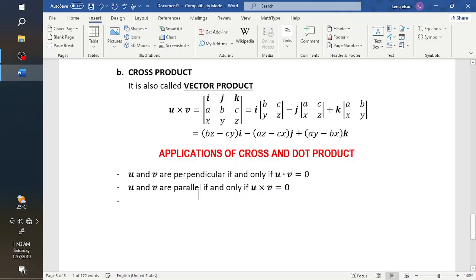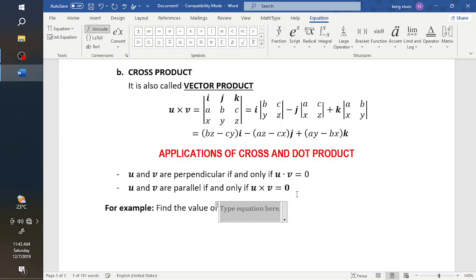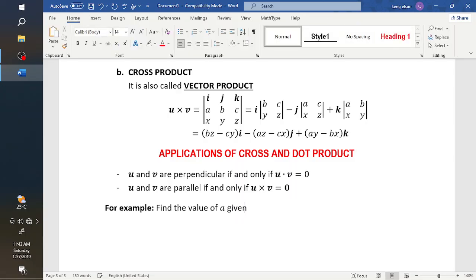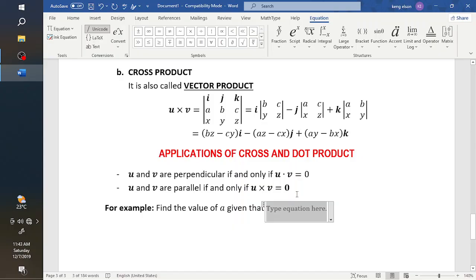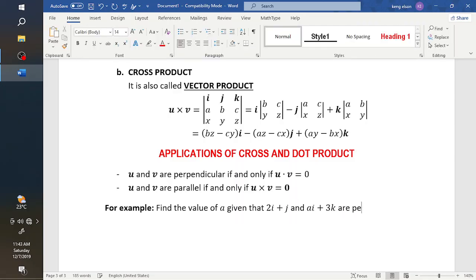All right, let us look at, for example, find the value of A, given that the vectors 2i plus j and ai plus 3k are perpendicular.